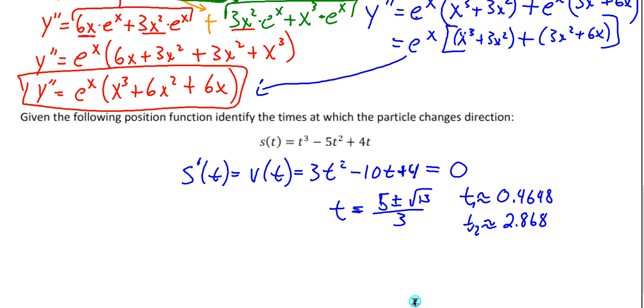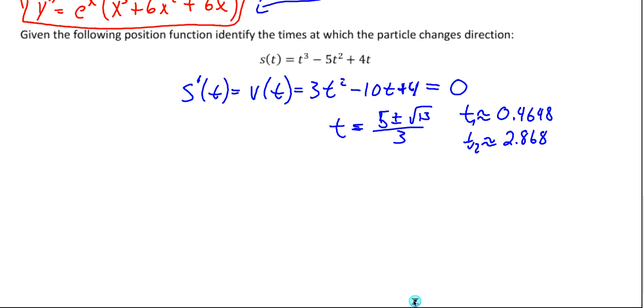Okay? So now, since we know where our velocity is 0, this is t1 and this is t2, those are my zeros. That's where it's 0.